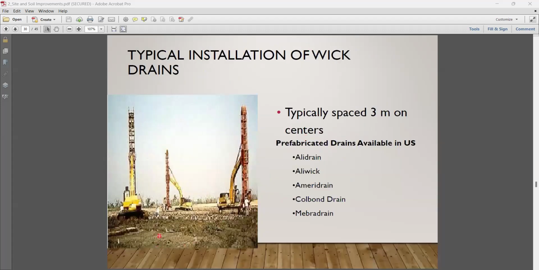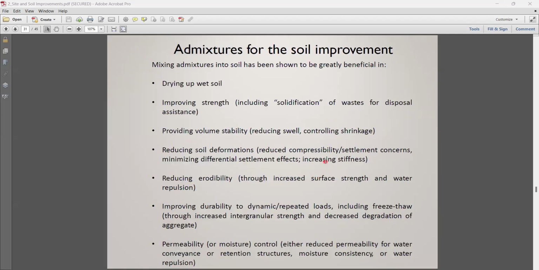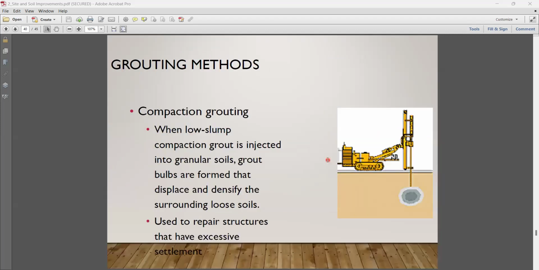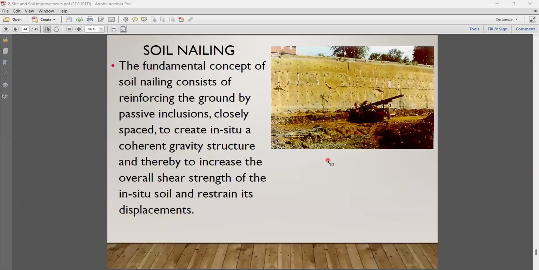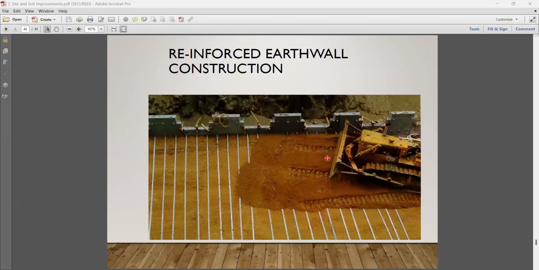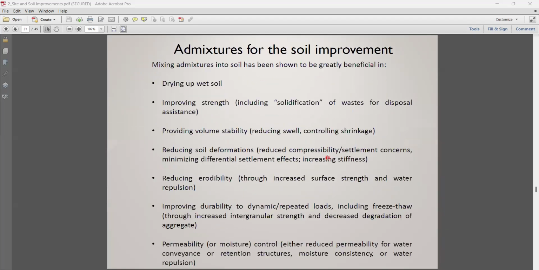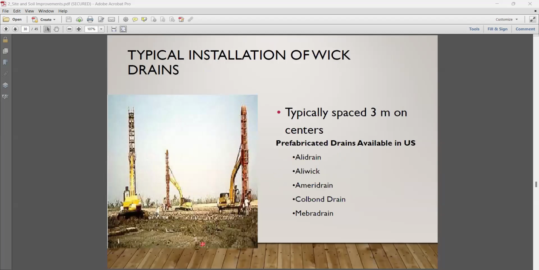I think in this one you can see some rubber-type things coming up. Those are the vertical drains. I thought I had some photos, I'll add them. Let me highlight it.